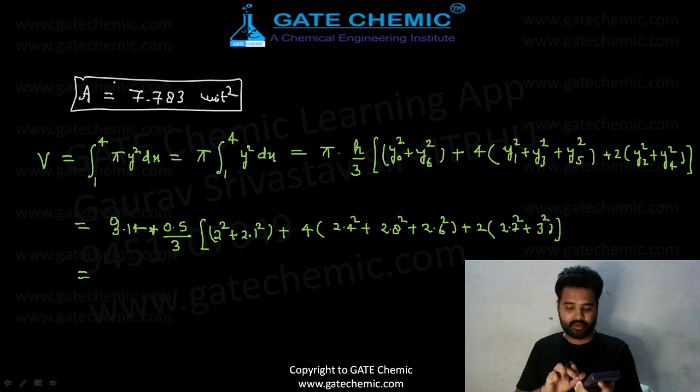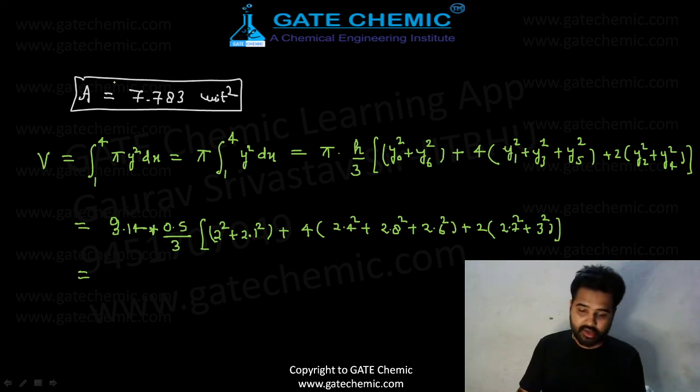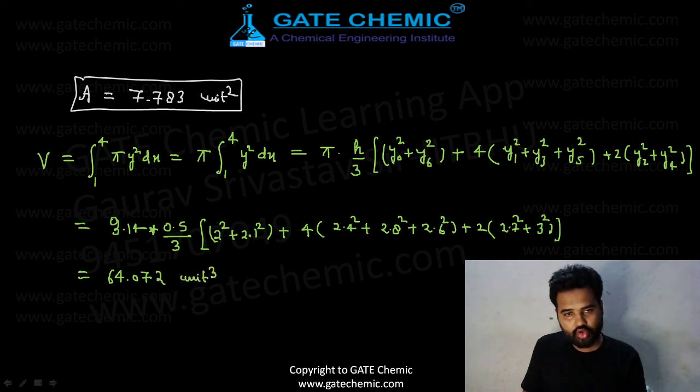Okay, and that is 122.43, multiplied by 0.5 multiplied by pi divided by 3. So I got 64.072 unit cube. So this is my final answer beta.